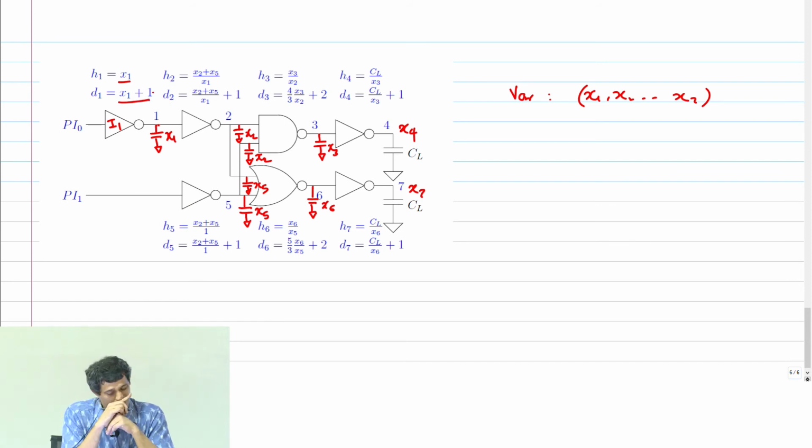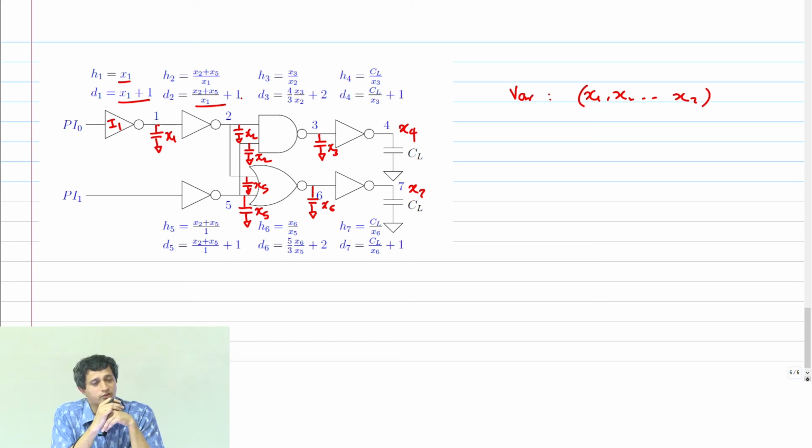G is 1. What about H2? It is now the net capacitance on node 2, which is x2 plus x5, right? Because the same node inverter is driving the NAND and the NOR. So it is x2 plus x5 by x1. That's H. And therefore the delay is x2 plus x5 by x1 plus 1.